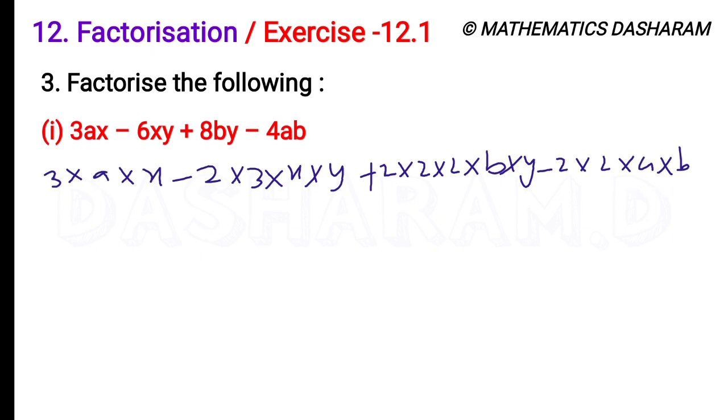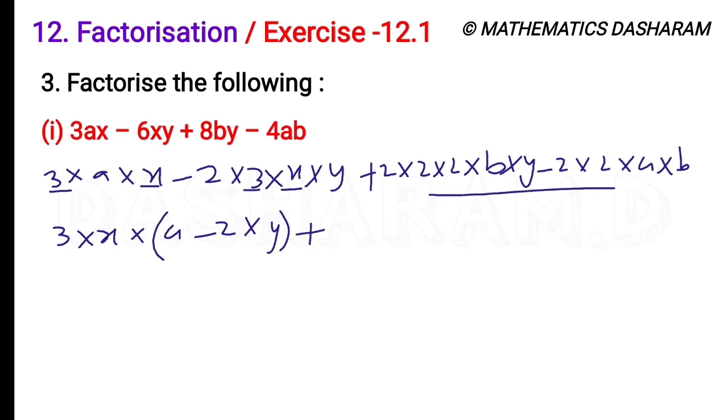Next b, so there is no common term from all terms together, but from the first two we can take the common. 1 3 common, next 1 x common. So take the bracket. Here the remaining term is a minus, here remaining terms 2 and y, so 2 into y plus, from these two the common terms are 1 2 common, one more 2 common, next 1 b common.